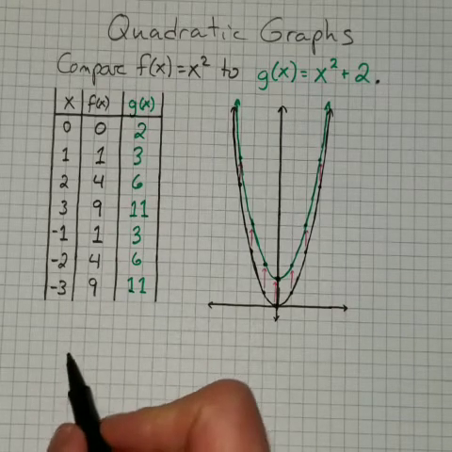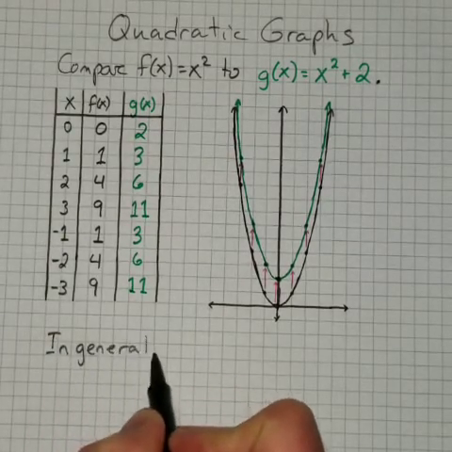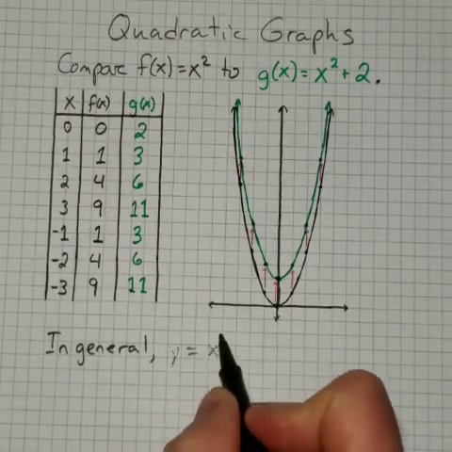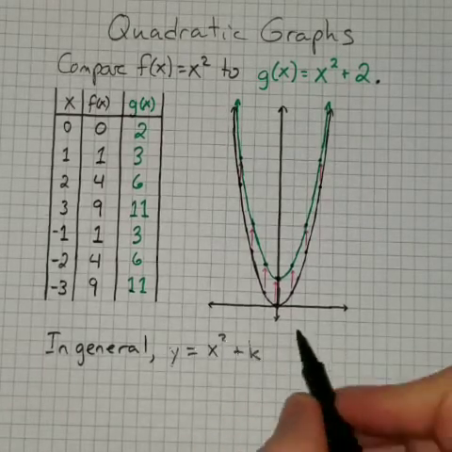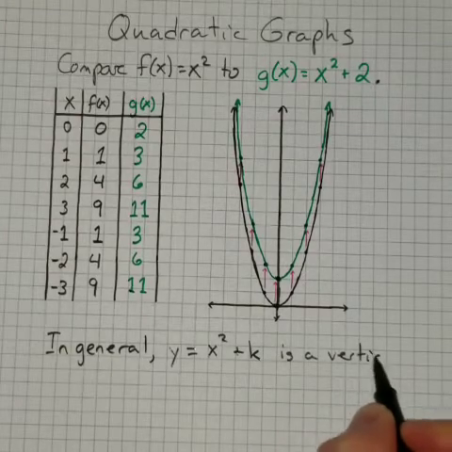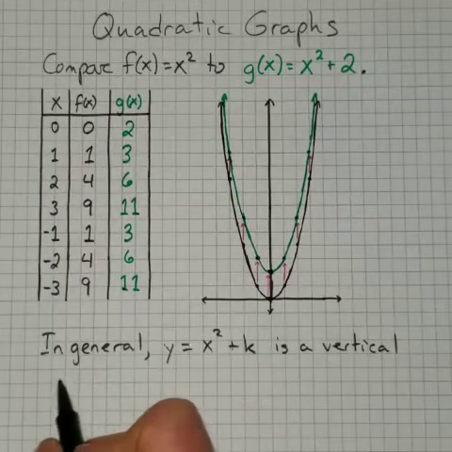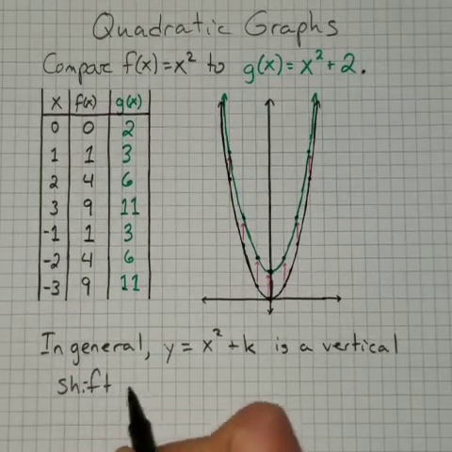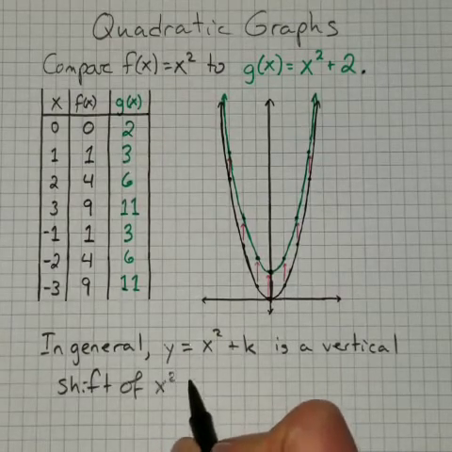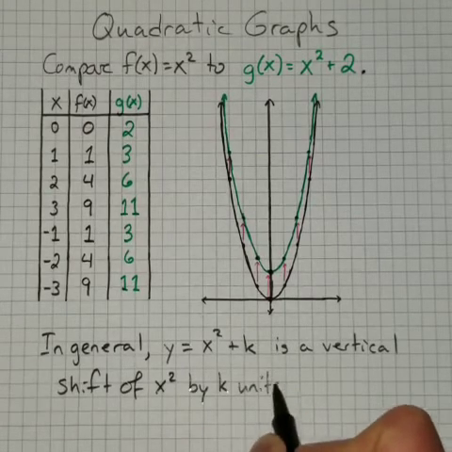And so in general, let's go with y equals x squared plus k is a vertical shift of x squared by k units.